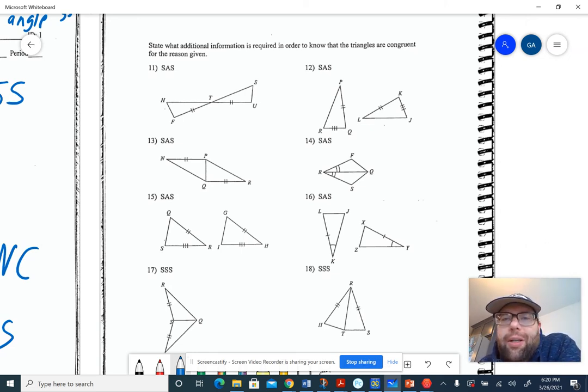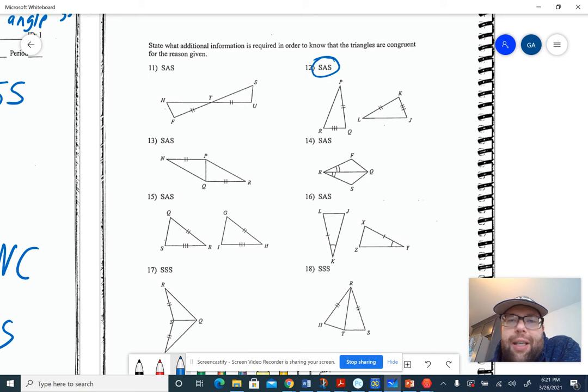Okay, this next one, we're going to be a little bit trickier this time. On this one, it gives us 2 pieces of information and it wants us to fill in the third piece of information, or what's missing. Okay. So we're looking at number 12. It wants me to prove that it's side, angle, side. When I look at it, both of these have 2 congruent sides.